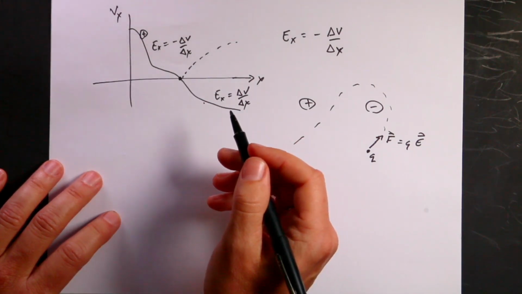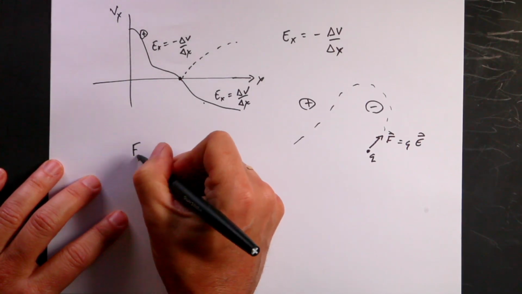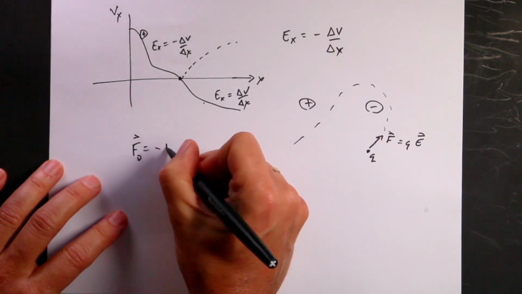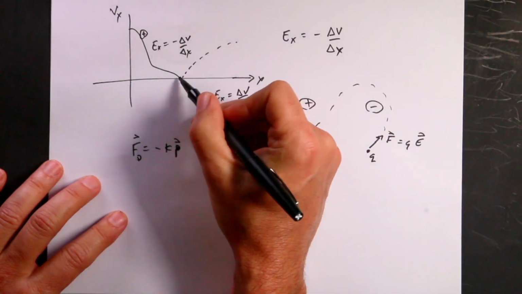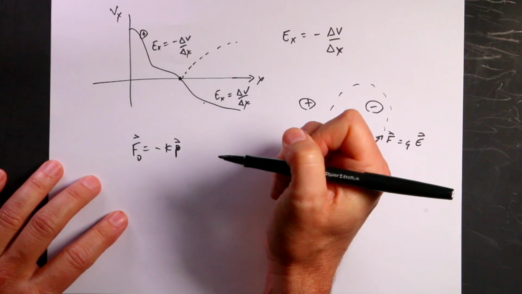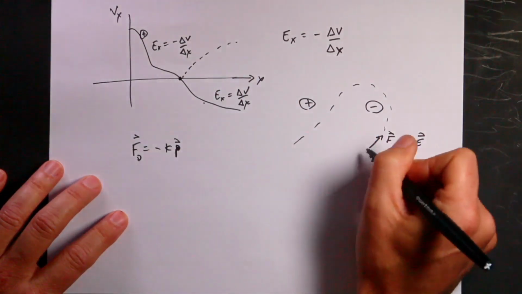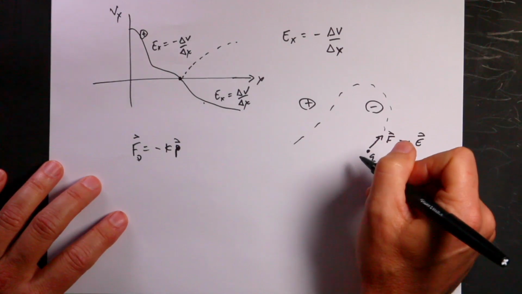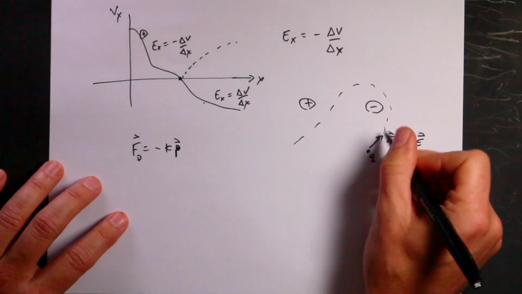And if I give some drag force, so if I say F drag equals negative k times the momentum, then that would make it actually slow down and eventually get down to here at a point of zero potential. So here's what I'm going to do. I'm going to start with the point right here, and I'm just going to shoot it.